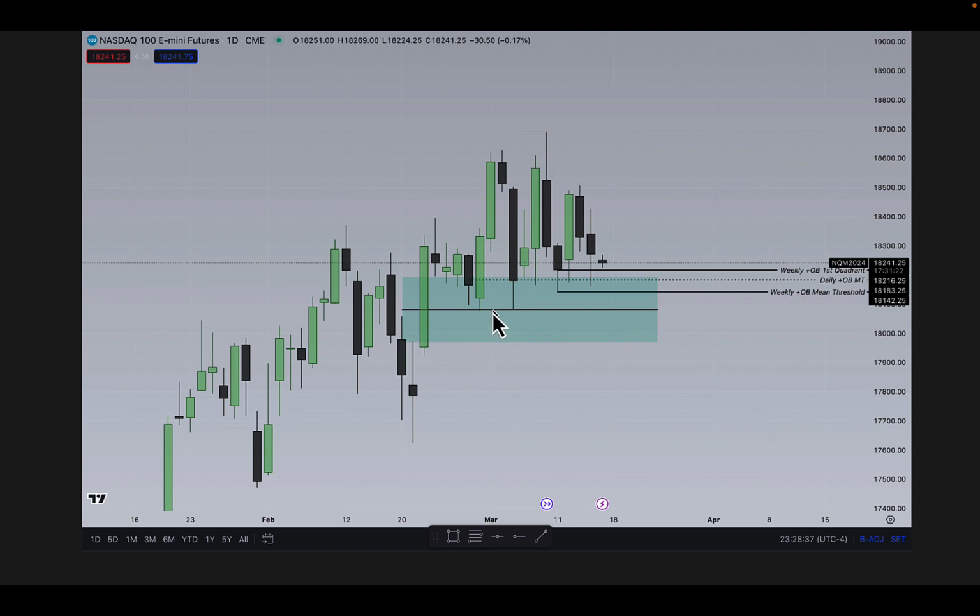And if we really animate it and we get a close below mean threshold of this daily fair value gap, being a buy side imbalance, sell side inefficiency, saying that we need sell side delivery to make this efficient price action. Okay. So until I see these daily levels taken, I am still bullish.